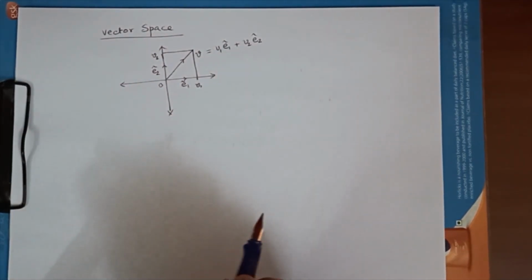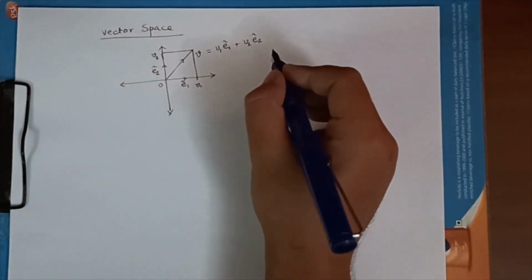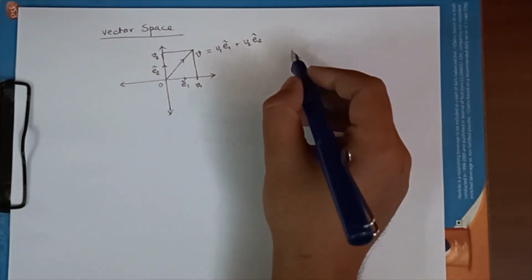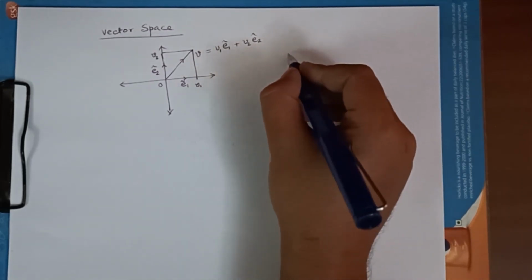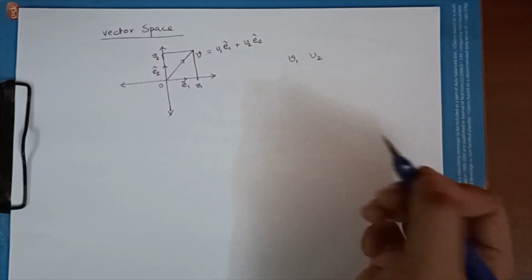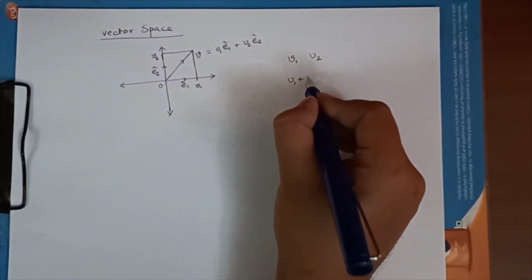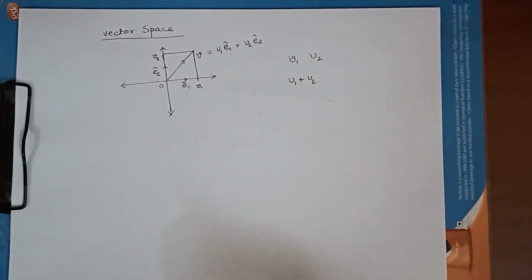You are familiar with linear combination, right? If we formally define a vector space, it is defined by the notion of a few vectors. Suppose there are two vectors v1 and v2. We say that the sum of two vectors will remain in that same vector space. v1 plus v2 will remain in the same vector space.